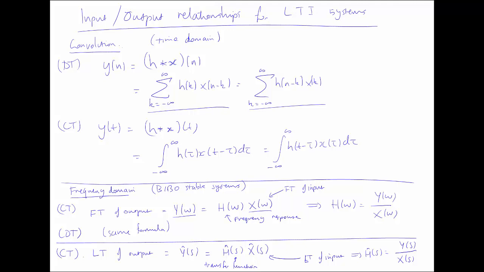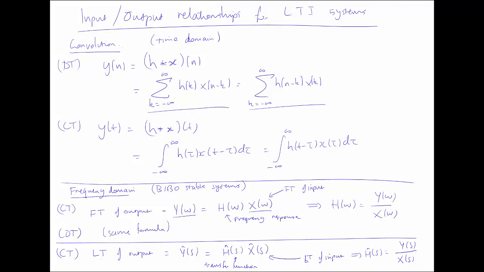Okay, and the key difference between the frequency domain version and the Laplace transform version in continuous time is that the frequency domain version only works for BIBO stable systems, whereas the Laplace transform version works for essentially all systems.